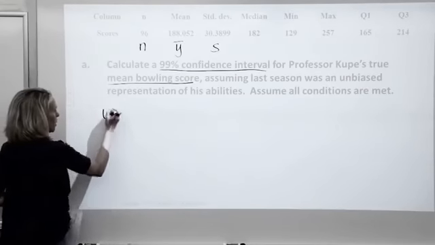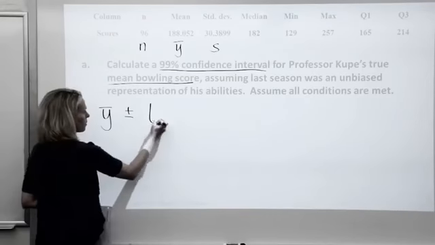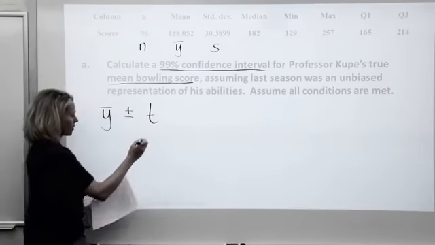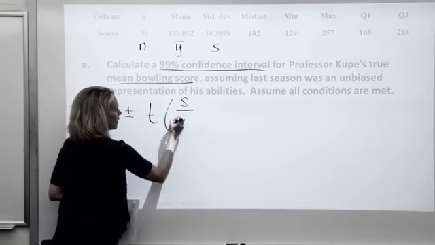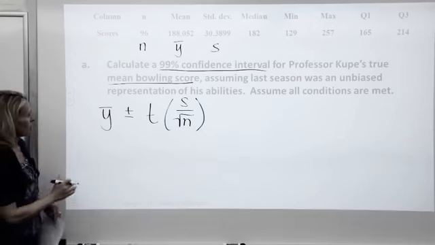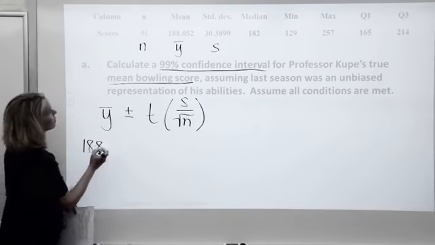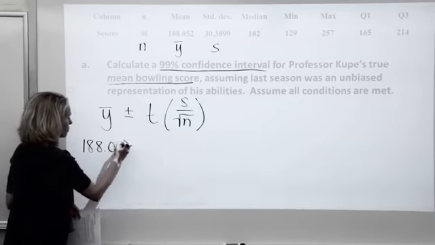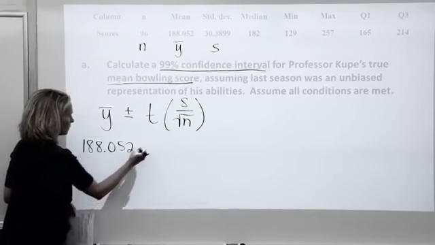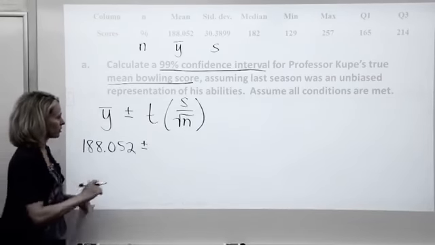So your formula for a confidence interval: we take that sample mean plus and minus the margin of error. The margin of error has a critical t-score, and then our sample standard deviation divided by the square root of n. So most of this we have. His average was 188.052. A little bit of work you have to do is to get that critical t-score.